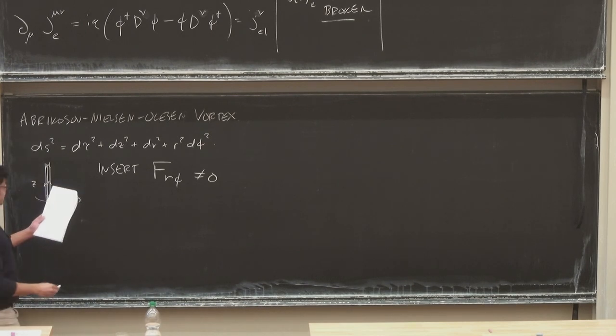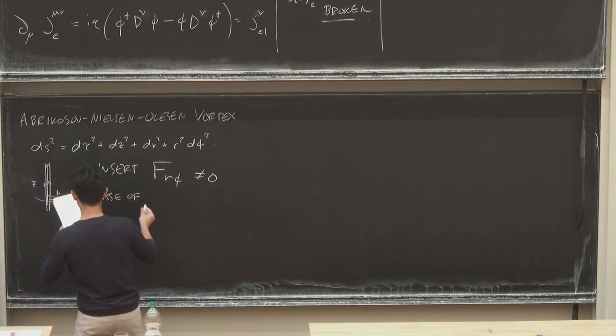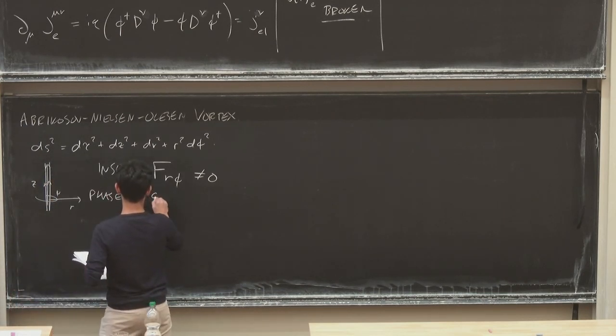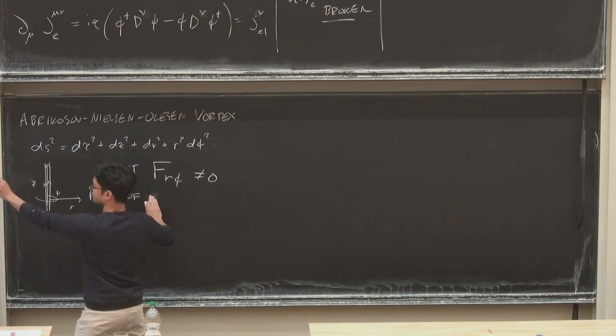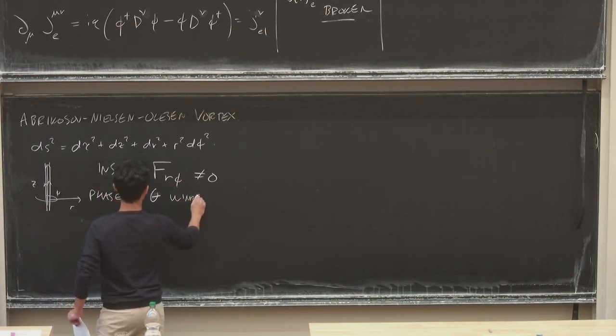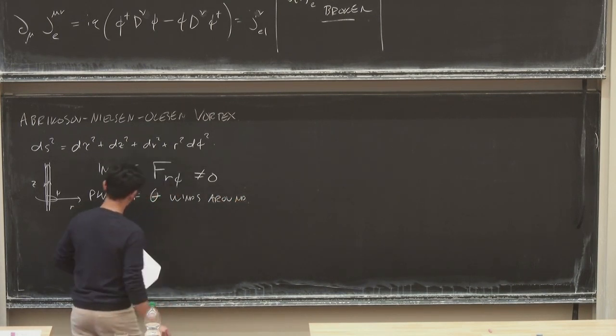You have to find a configuration where the phase of the scalar field, φ is playing a double role here as the microscopic scalar field and the coordinate, it's going to become annoying in a second. Okay, θ is the phase of the scalar field. So what you need is for that phase θ to wind around.